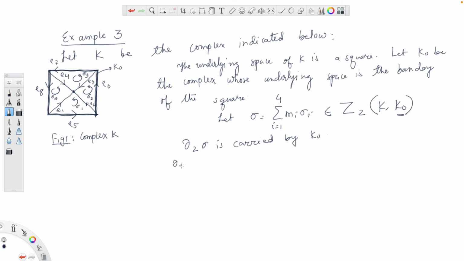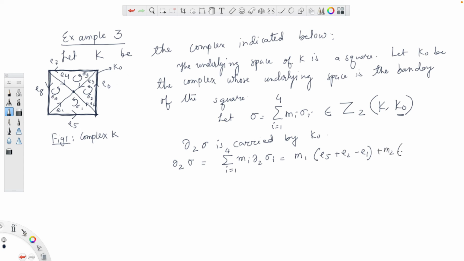Okay, so let us try to compute ∂_2 sigma explicitly. This is going to be the sum over i from 1 to 4 of m_i ∂_2 sigma_i. This is m1. What is ∂_2 sigma 1? The boundary operator acting on the elementary 2 chain sigma 1 gives us E5 plus E2 minus E1, right?